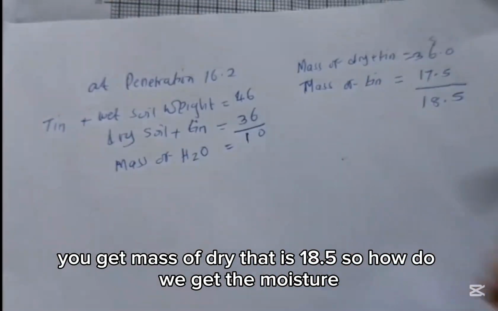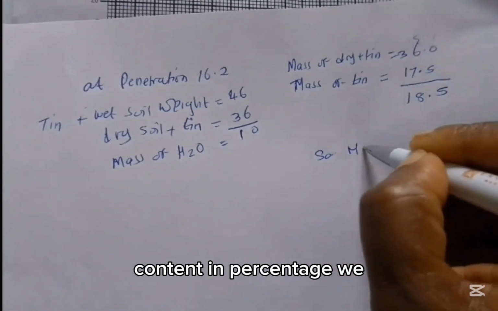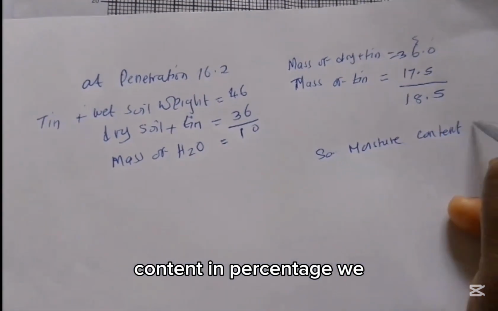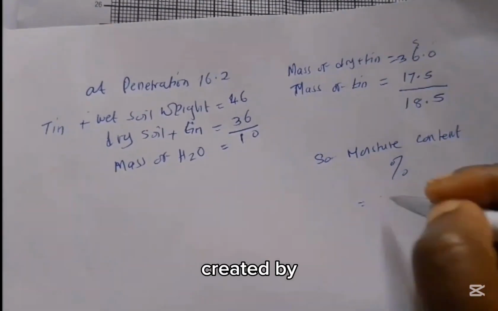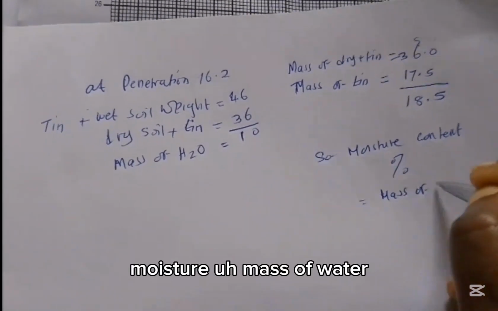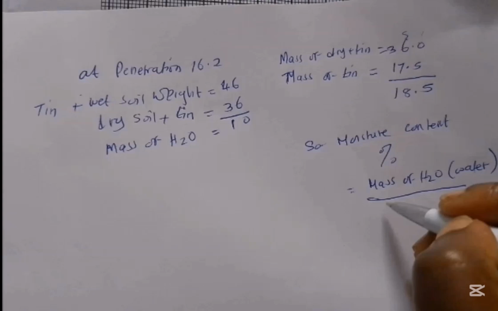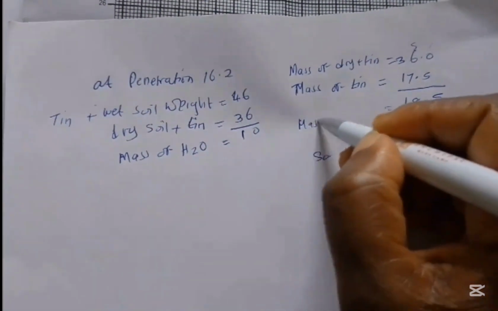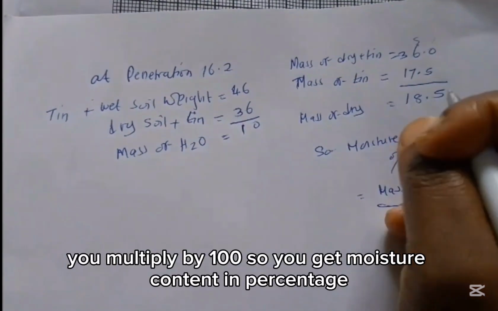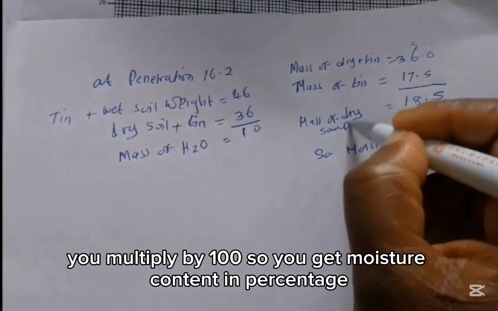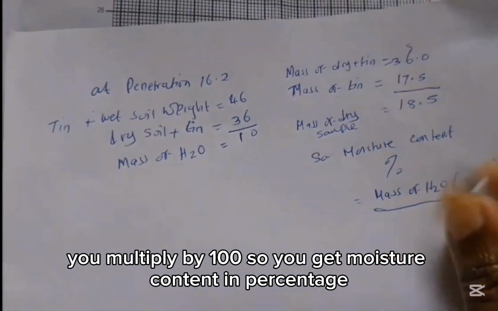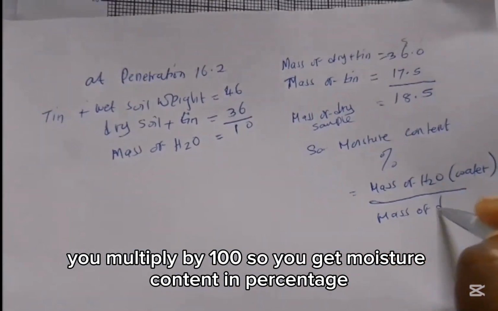So how do we get the moisture content in percentage? We calculate it by mass of water over mass of dry, you multiply by 100, so you get moisture content in percentage.